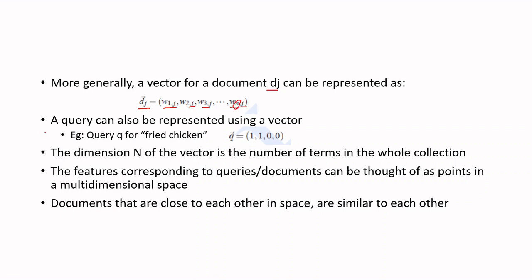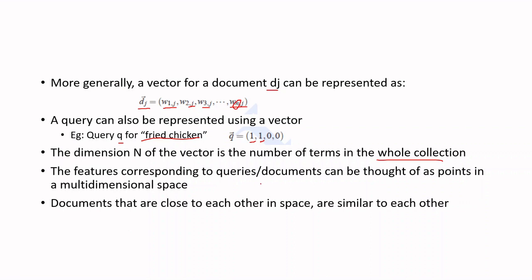Similarly, a query can also be represented using a vector. So the query Q, fried chicken, is represented like this: fried and chicken are present one time. The dimension n of the vector is the number of terms in the whole collection, that is, the number of terms recognized by our system.